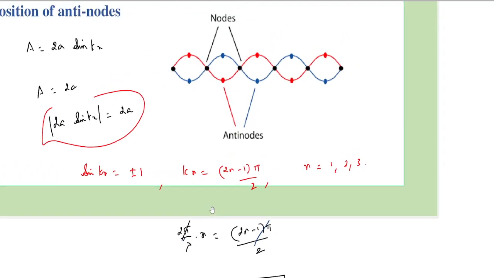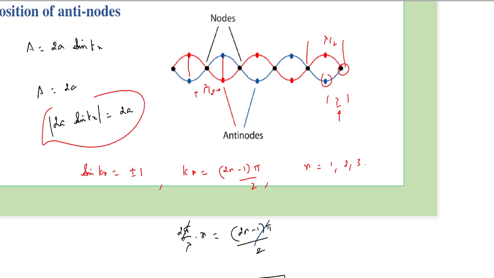Similarly, the distance between two antinodes is also lambda by 2. That is, the distance between this node and this node would be lambda by 2. The distance between this antinode and this antinode would be lambda by 2, which means the distance between a node and an antinode would be 1/4 of the wavelength.